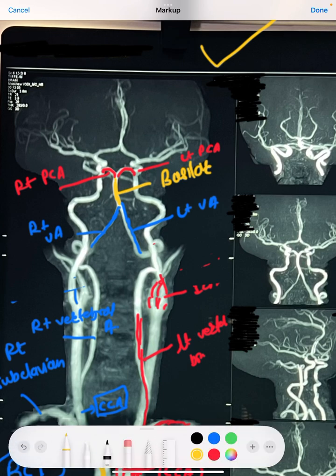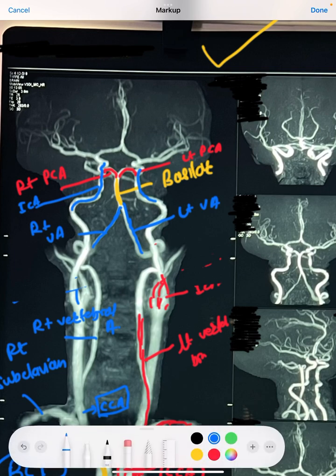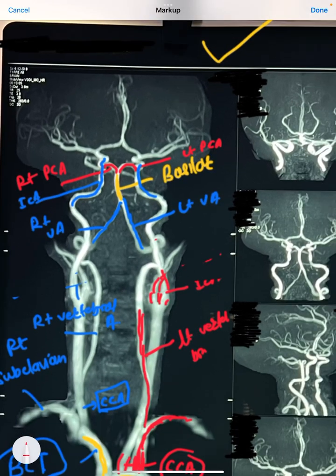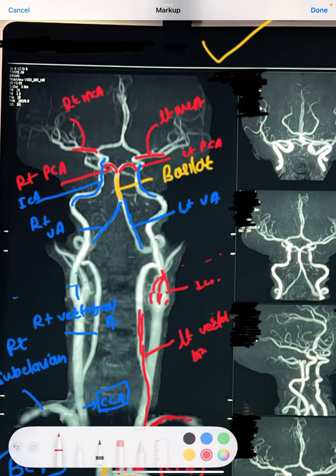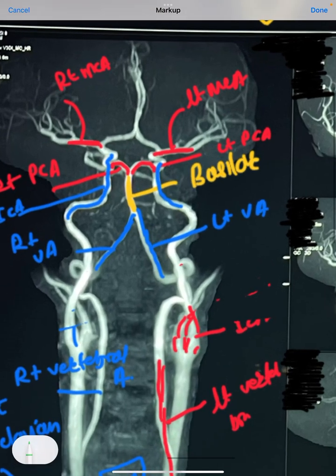Now, apart from that, what we need to know is this. I just told that this is the internal carotid artery. This is the ICA, which is coming up, and here what we can very nicely make out is the MCA. So this is the left MCA and this is the right MCA, that is middle cerebral artery, and the last artery which is remaining is the anterior cerebral artery.